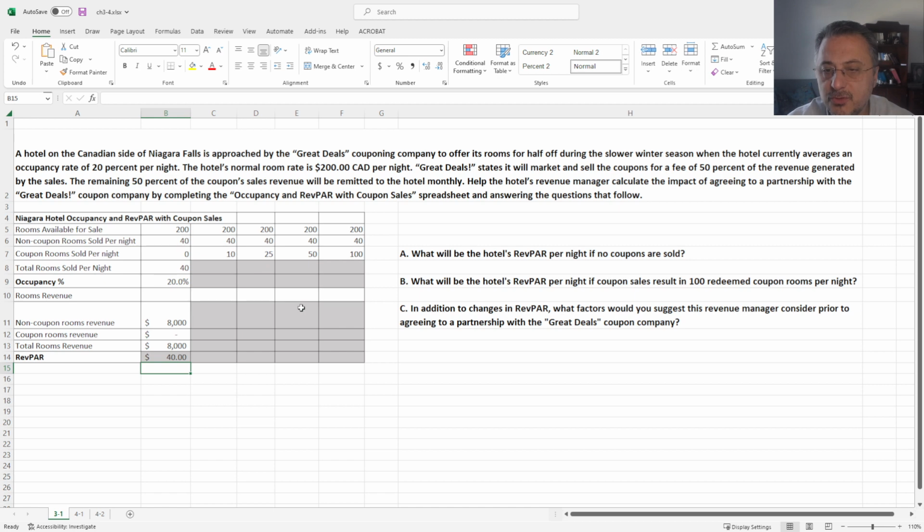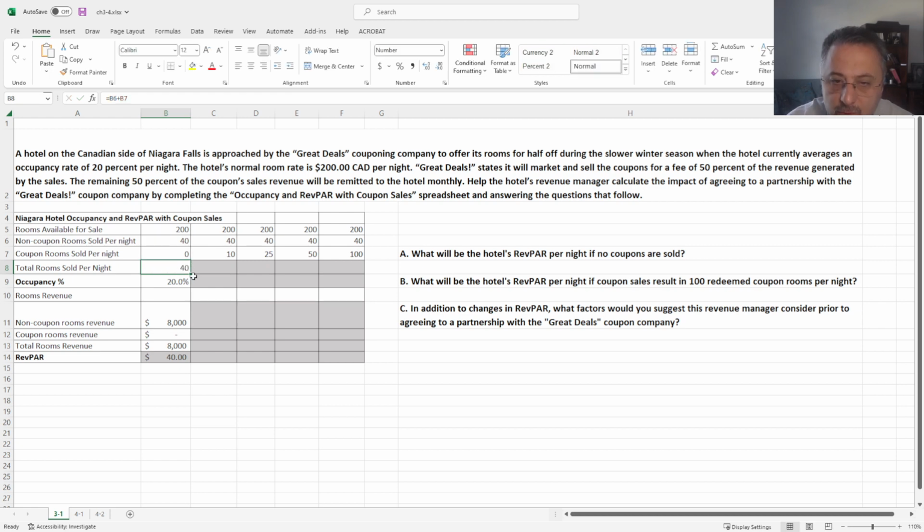Now, as usual, and also as a practice, let's fill out all of these things, and we can continue the answer. First thing, total rooms sold per night is good. Now, non-coupon rooms is 40, each. And there are some examples. Basically, if the coupon company sells 10 rooms, 25 rooms, 50 rooms, and 100 rooms, there are different scenarios. So total rooms is going to be adding, as you can see here, non-coupon rooms plus the coupon rooms sold.